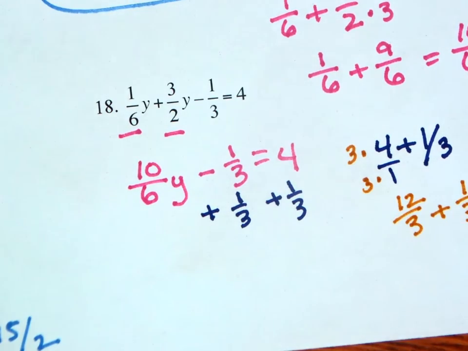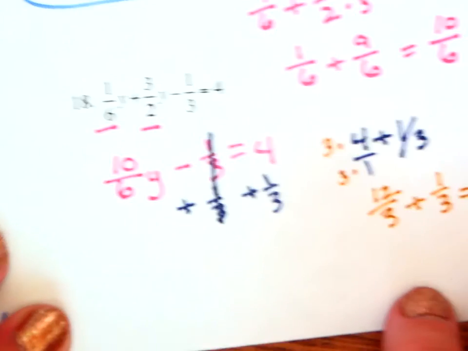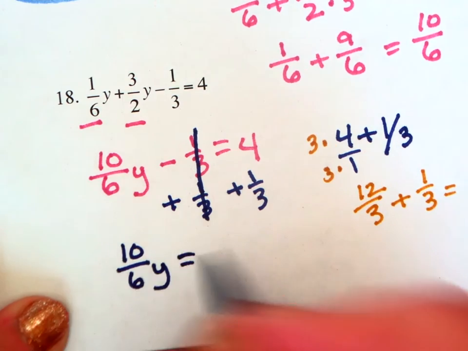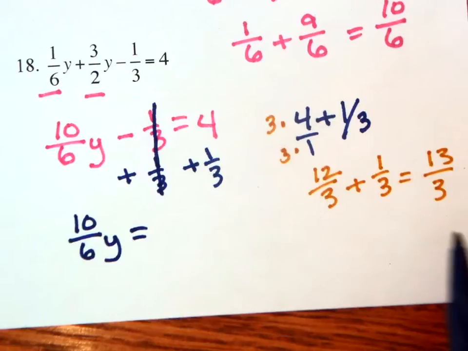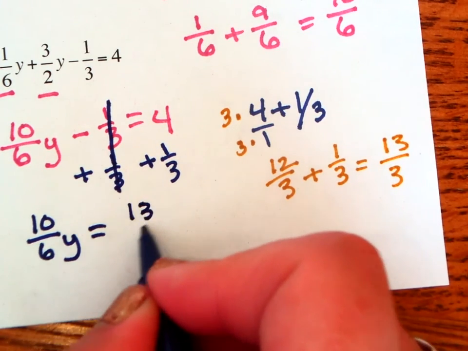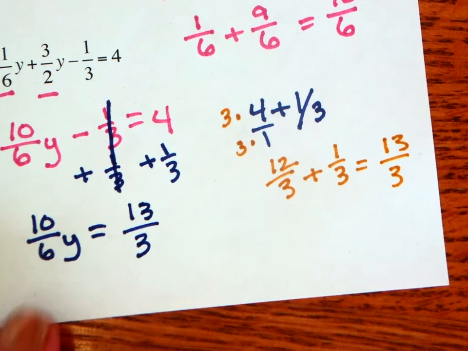Okay, and moving back over here, so this negative 1/3 plus 1/3 canceled out. We still have the 10/6y. And this is a particularly tricky problem. So now 12/3 plus 1/3 is 13/3. Okay, and now I'm going to want to get rid of that 10/6.